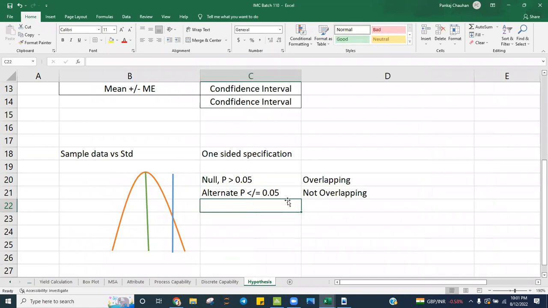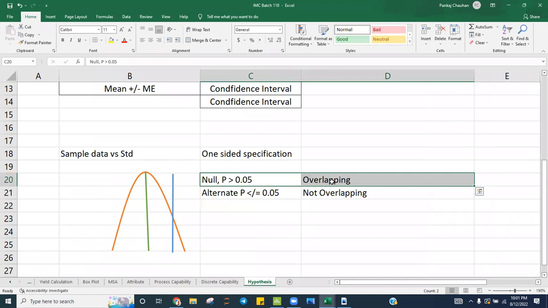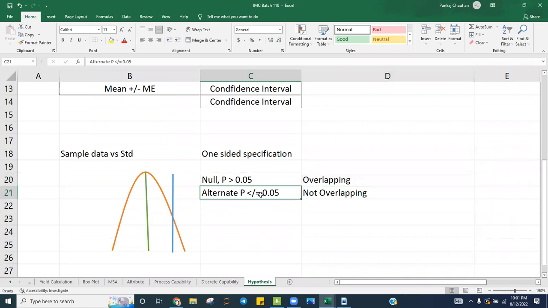Once I look at the p-value, if it is greater than 0.05, then I will decide that it is the null hypothesis, they are overlapping with each other, which means they are the same. If they are not overlapping, I will decide basis on the p-value only. The alternate hypothesis will say the p-value is less than 0.05.